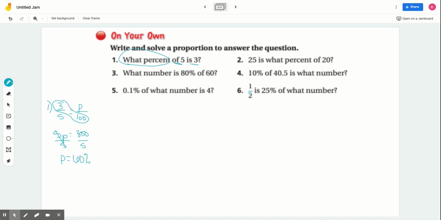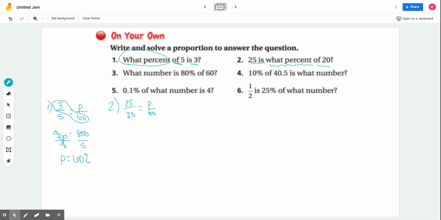Now let's take a look at number 2. 25 is what percent of 20? So part, whole, and what percent is the number that we're looking for. So 25 over 20 is equal to the percent over 100.